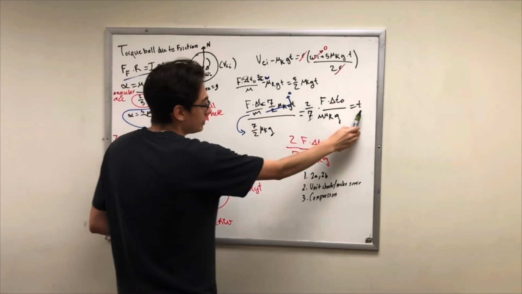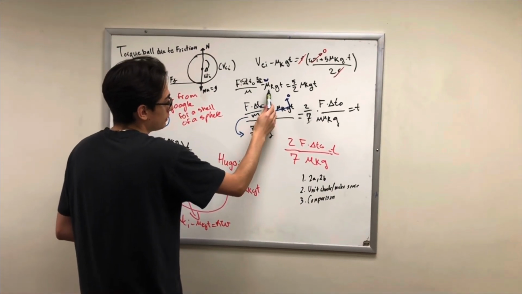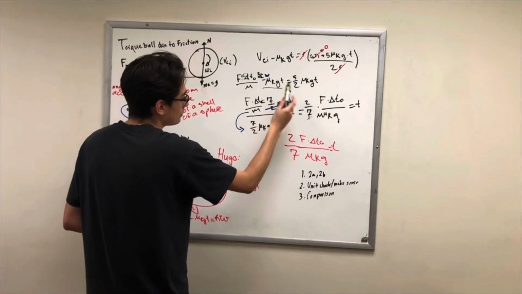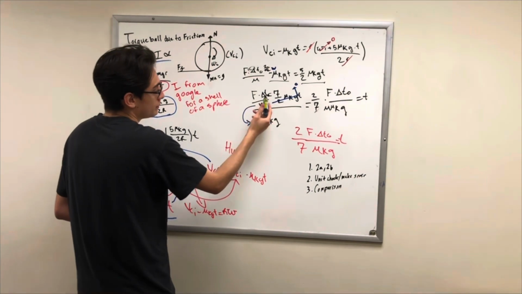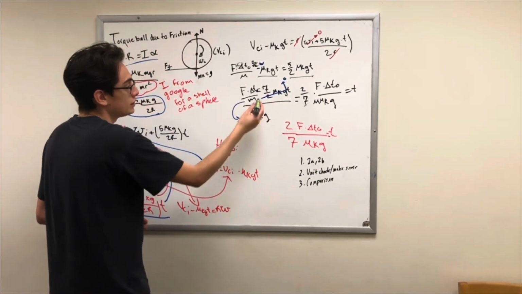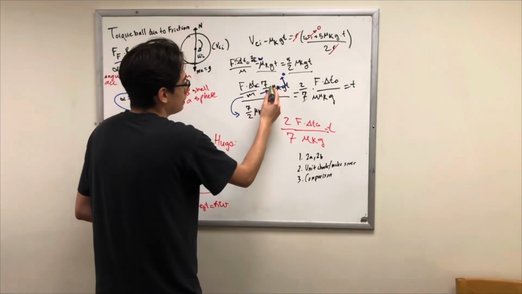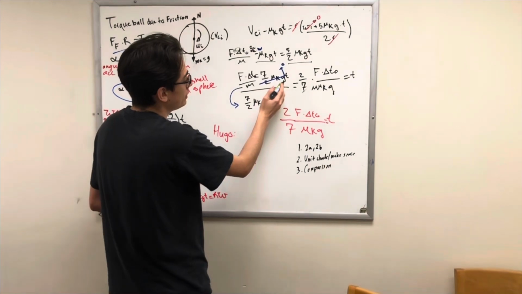We're solving for t, so we add this part to this part to get force times the change in time divided by mass is equal to 7 over 2 times mu k times gravity times time.